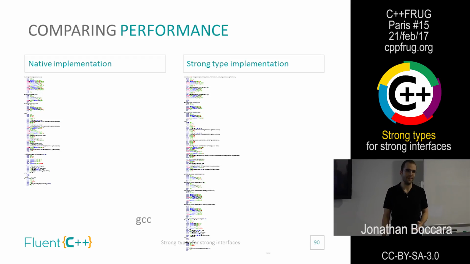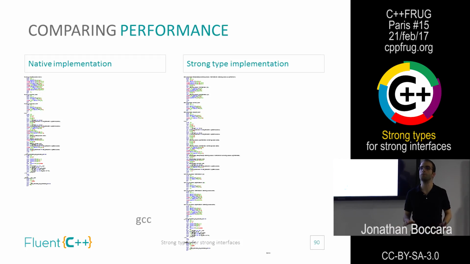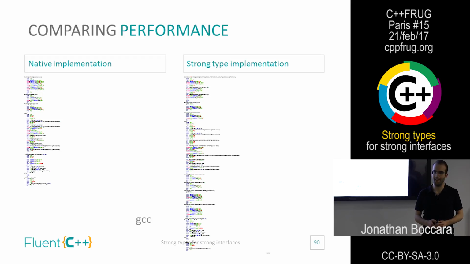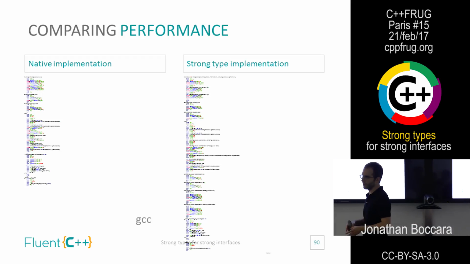What to think of that? Well, first, if you're compiling with enough optimization, then strong types are free. Now, if you don't, and some people don't, and that's okay, there's a difference. Now the question is, will this difference matter? Well, as we said at the beginning, there's this rule that says that you spend most of the time in a very small portion of your code.